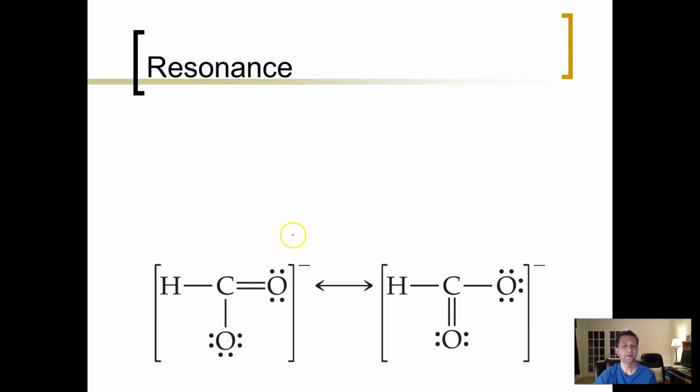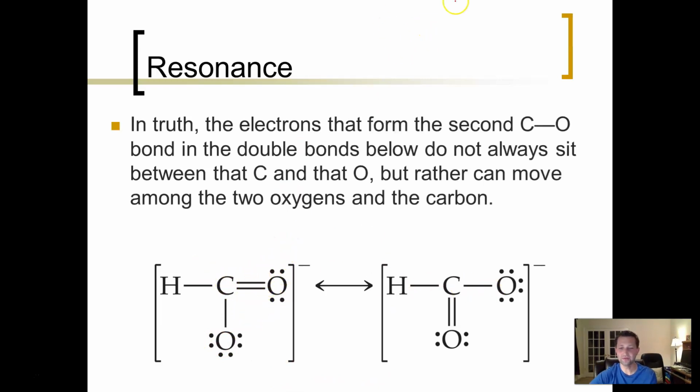Okay, so you can look at HCO2 negative, and you can draw these two structures, and you can notice that we do have some resonance structures here. In reality, because you have the central atom here as your carbon, you can have your double bond on this oxygen or your double bond on this oxygen that you have down here. So this double bond can bounce back and forth between those two atoms. Okay? So we draw the resonance this way.